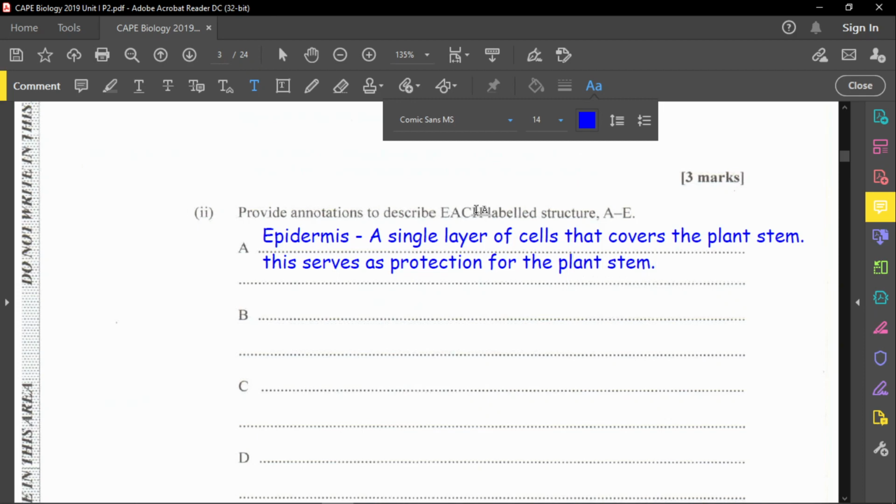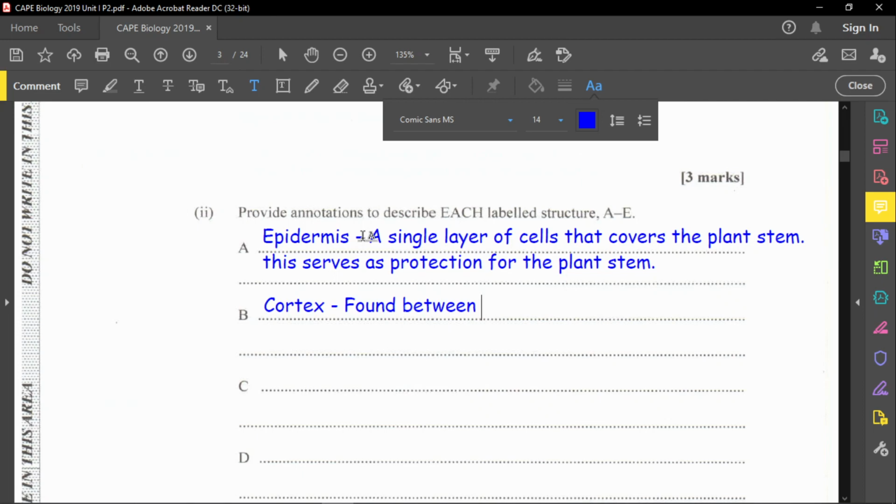All right, great. And now for structure B, remember that again is a cortex. So structure B is a cortex. So let's talk about the cortex. In describing the cortex, it is a greater number of cells, and these cells are actually separated. The cortex is found between two different structures.